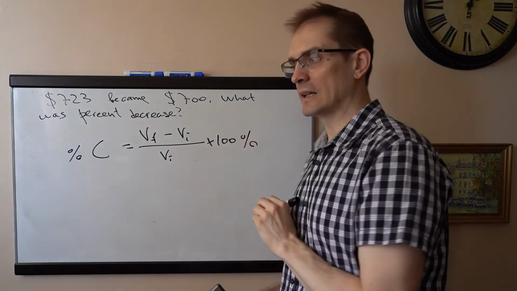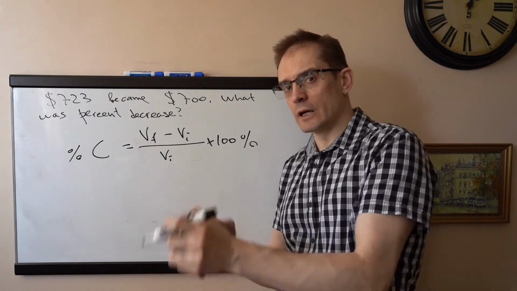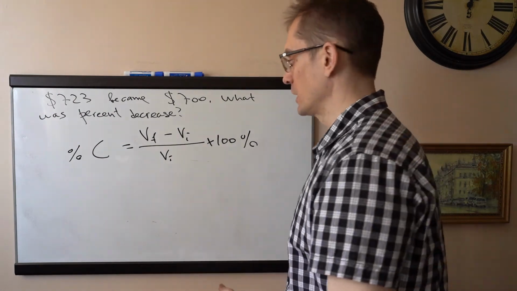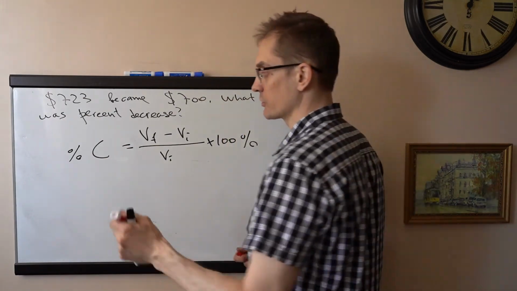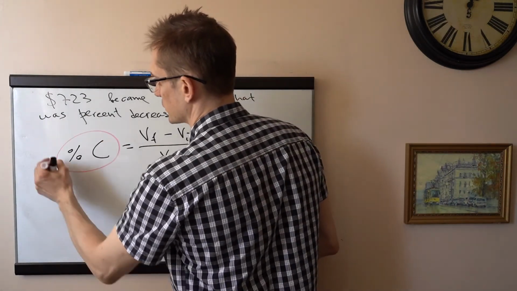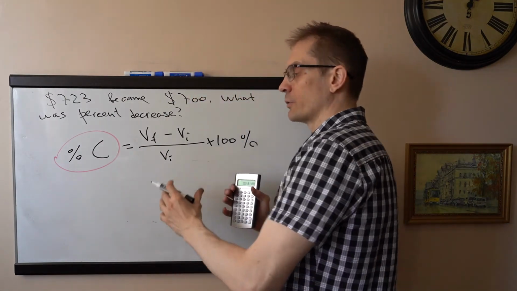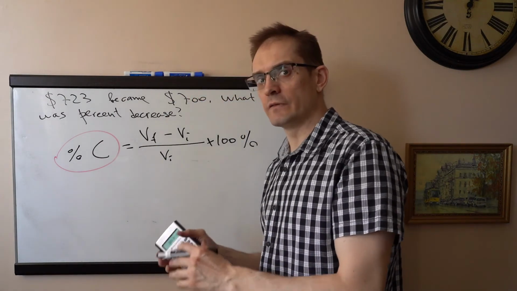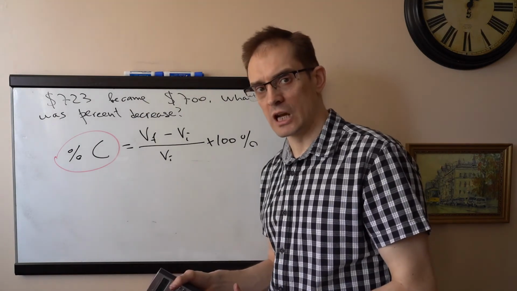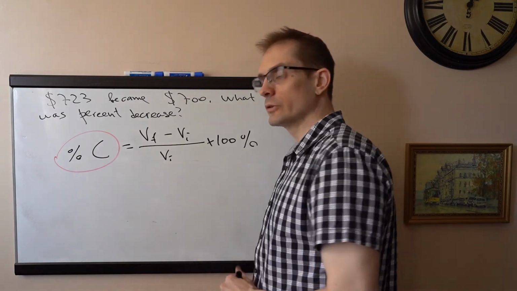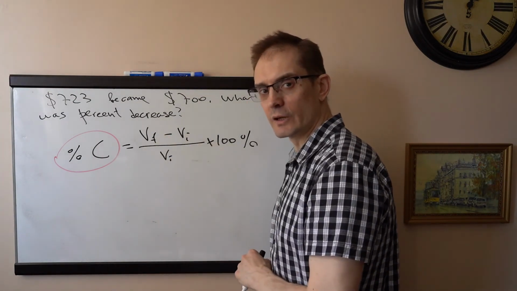So this formula allows you to find percent change without using too much algebra. But remember, in this formula you have this percent change, right? So this formula is not specific for increase or decrease. This is just for any kind of percent change. So when you use this formula, you have to be very careful to plug correct values in the correct places.